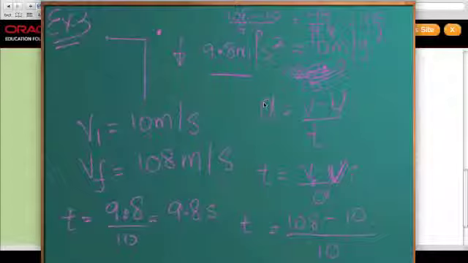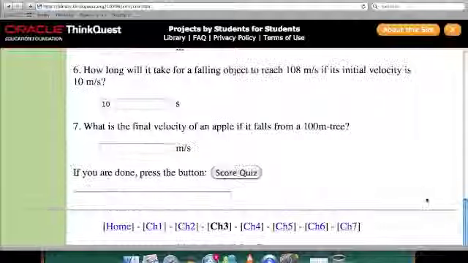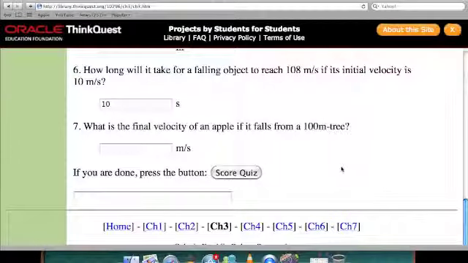So either of the two answers could be correct. We'll just put in 10 seconds because it's more accurate. The seconds is here already. We cannot do this question again because this is something that we haven't done and we won't be doing till your higher levels. So we'll just skip this one.